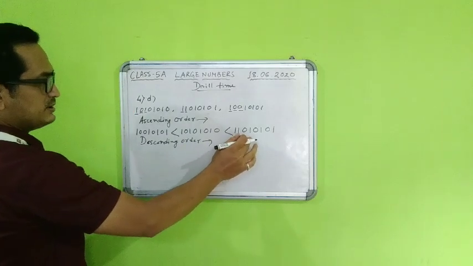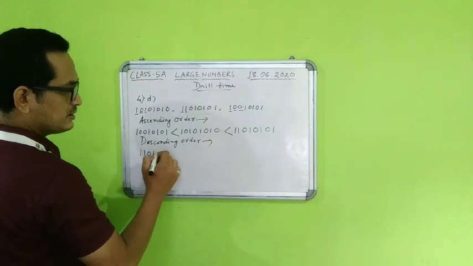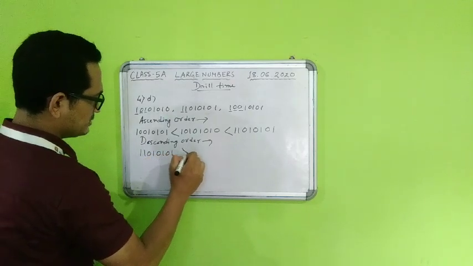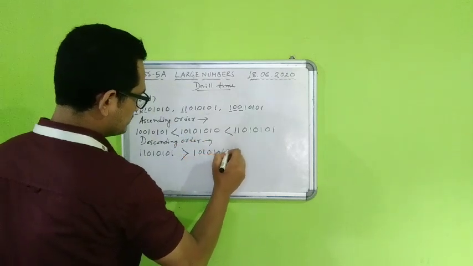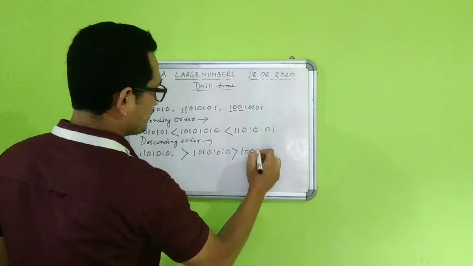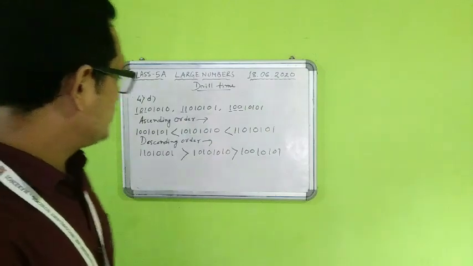That means this will come in the first place, then 1 1 0 1 0 1 0 1. This will become the greatest. This will be as it is in the center, and this will be the smallest one, 1 0 0 1 0 1 0 1. So this is the descending order.